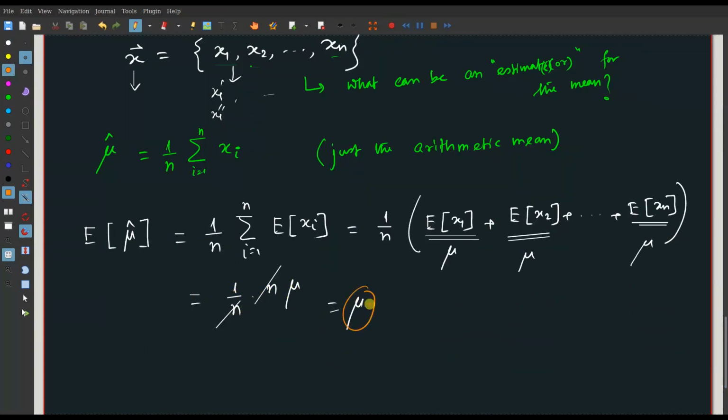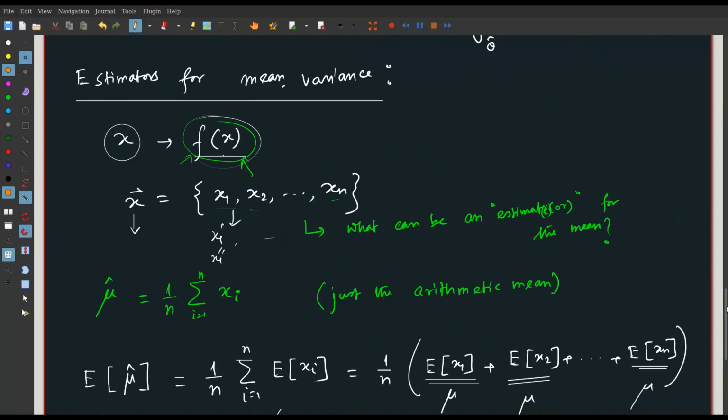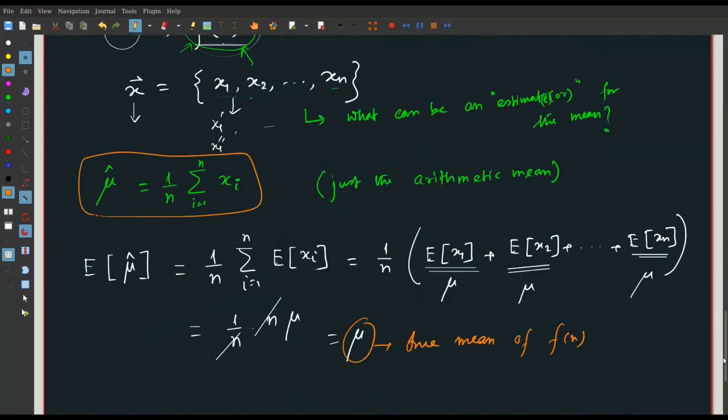So this mu is nothing but the true mean of fx, although you do not know the true mean. But you know that if you construct an estimator in this way, then the expectation value of this estimator is precisely equal to the true value of that parameter.